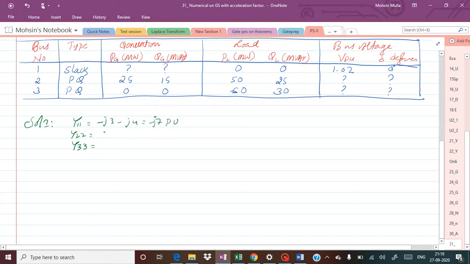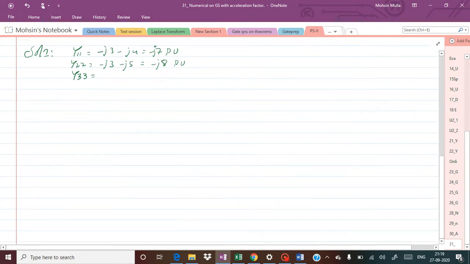Same way for bus 2, minus J3 and minus J5, this will be minus J8 per unit. Similarly for the third bus, minus J4 minus J5, so minus J9 per unit.